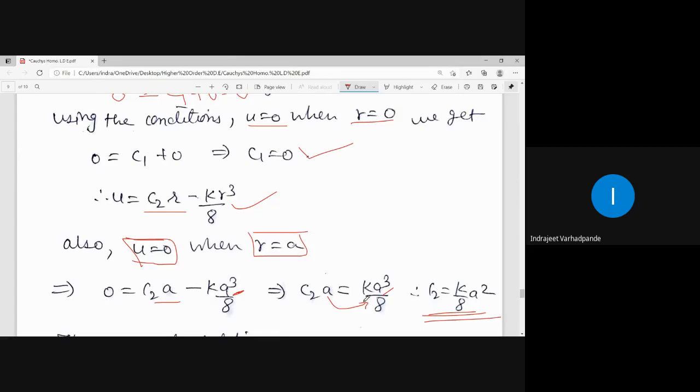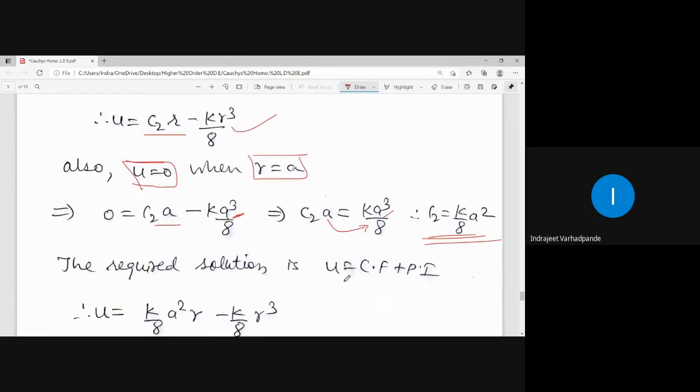And thus the final answer is written. The required solution is u is equal to CF plus PI. U is, with the value of C2, k by 8 a square into r minus k by 8 r cube. So I can take out k by 8 r common, and it will be a square minus r square.